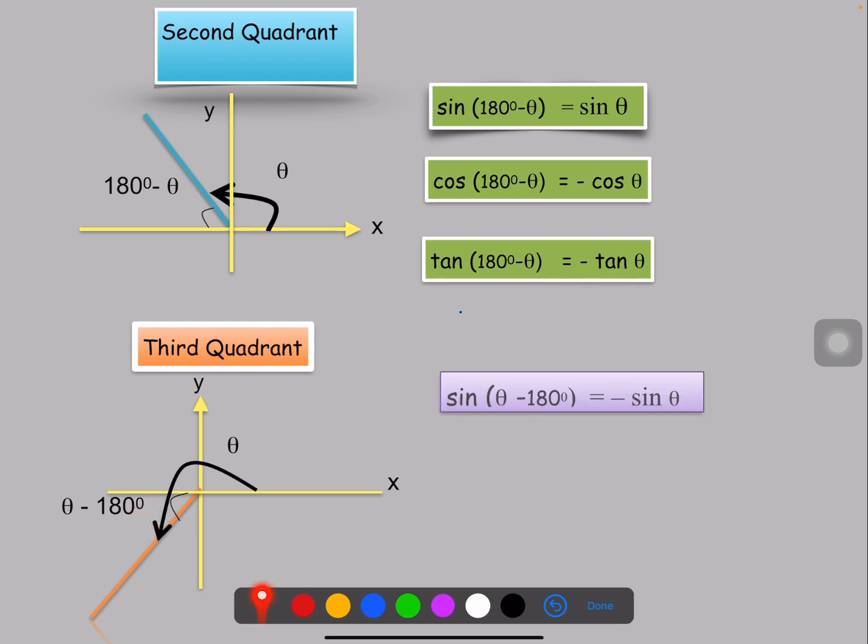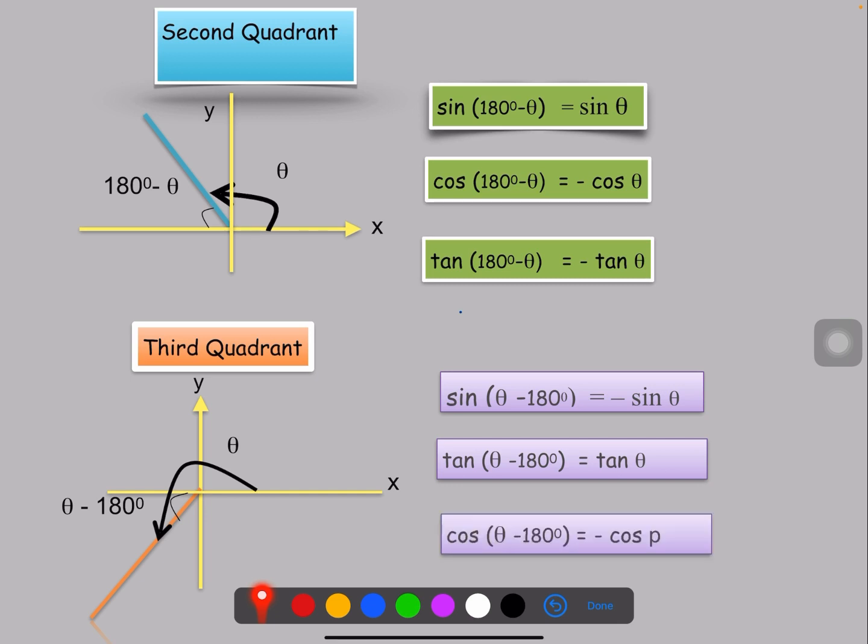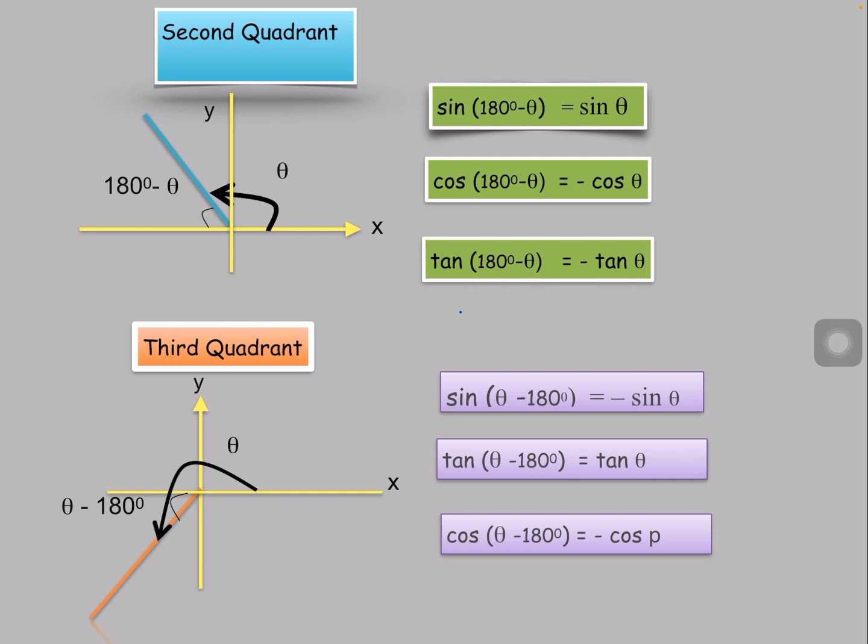So we have sine theta minus 180 degrees equals minus sine theta. Tangent theta minus 180 degrees is tangent theta. Cos theta minus 180 degrees equals minus cos theta.